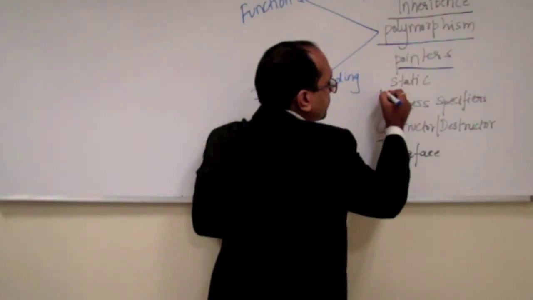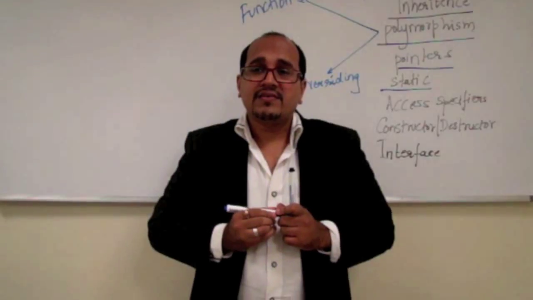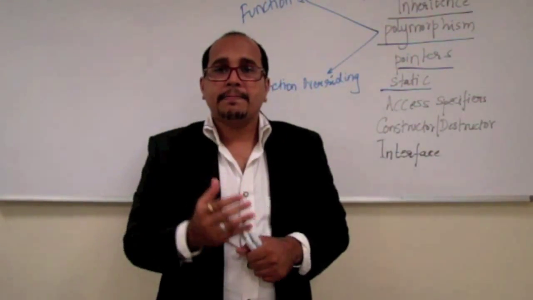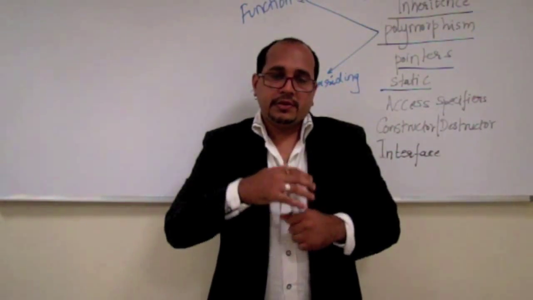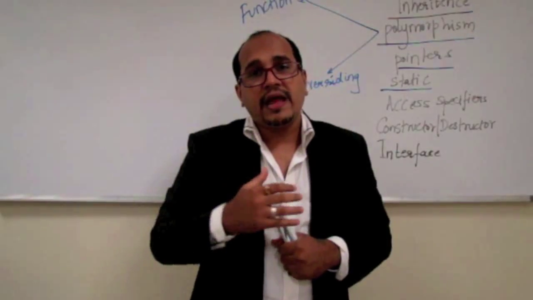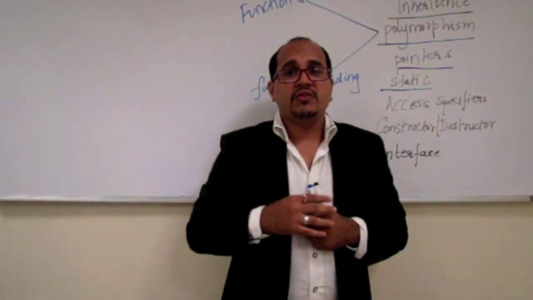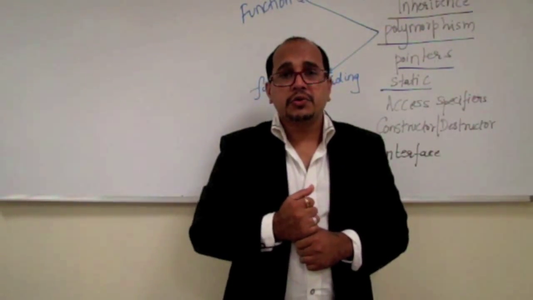Now comes static. The word static. Now something which is at a class level, we say static. Say the college or the school says students have to wear such uniform. Say a white shirt and white pant with a blue tie, red tie, yellow tie, depending upon the house it belongs to.